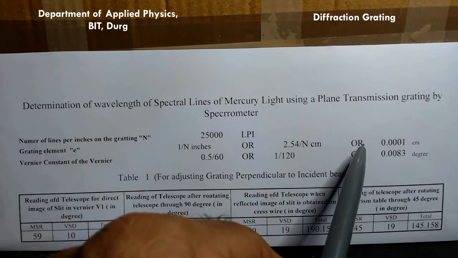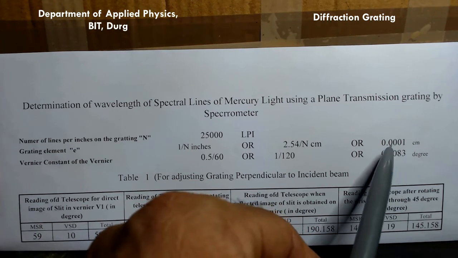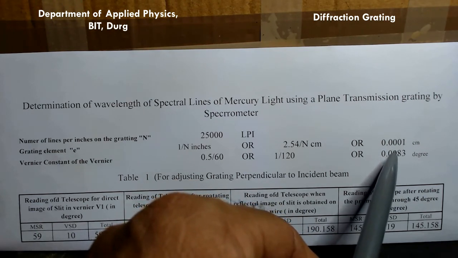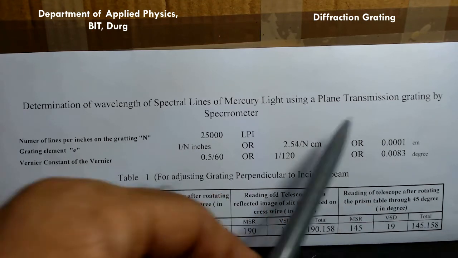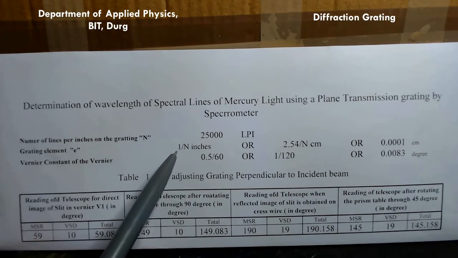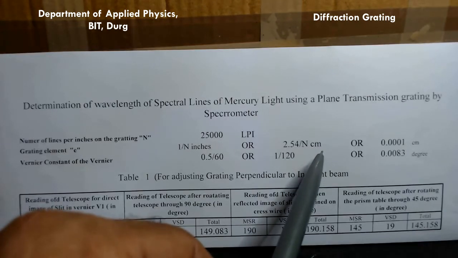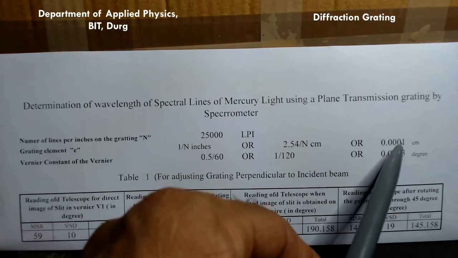When I put the value 2.54 divided by 25,000, it comes to be equal to 0.0001 centimeter. So this is the value of the grating element. First we have to determine the number of lines per inch on the grating. Then with the help of that you can determine the grating element either in inches or in centimeter. Because we are dealing here in centimeter, that's why we have calculated in centimeter.